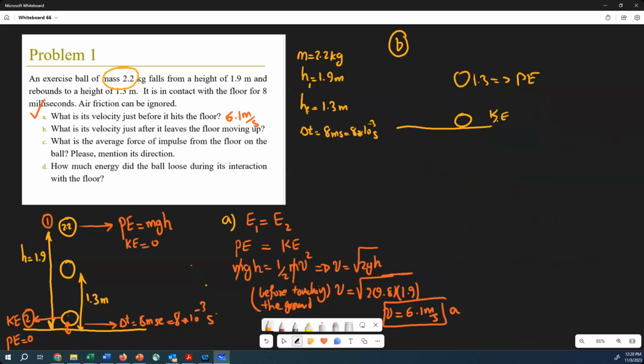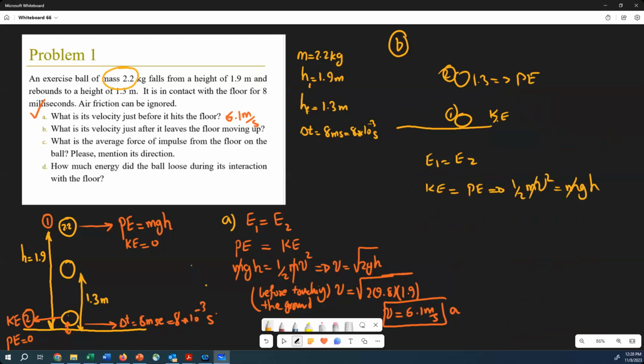Let's call this number 1 and this number 2. Energy at 1 is equal to energy at 2. Kinetic energy equals potential energy. Kinetic energy is going to be 1/2 m velocity squared. Potential energy is going to be mgh. M and m cancel each other.